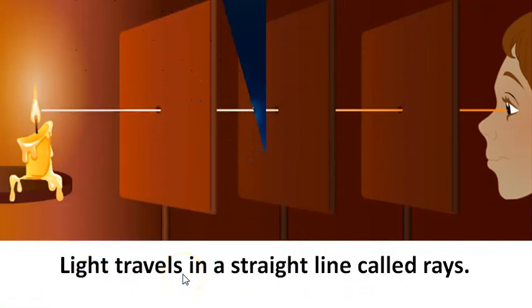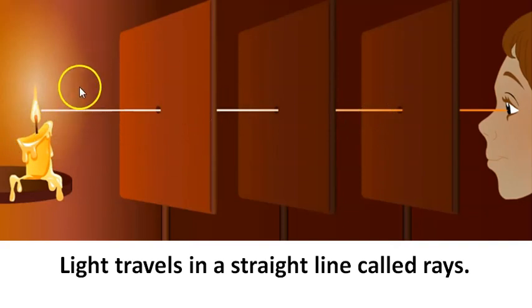Light travels in a straight line called rays. It means the light travels in a straight line from a light source. And if an object passes in front of it, the light can be blocked. Clear my point?